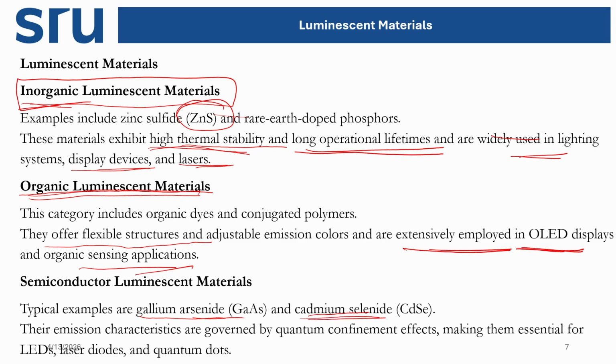For a semiconductor, the energy gap between the conduction band and the valence band is small or intermediate, maybe up to 3 electron volts, and that can show the luminescence property. These are used for LEDs, laser diodes, or quantum dots as well.